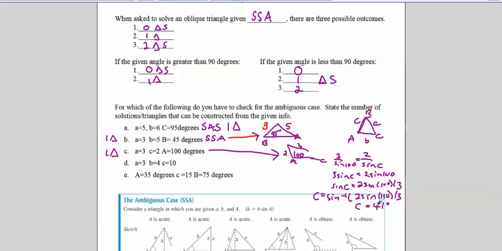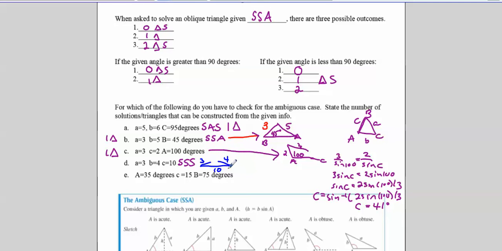Alright, in D we're given side, side, side. In geometry class you learned that side, side, side would form just one triangle. But this one happens to be a tricky one because if your side c is down here, this is the 10, and your a is over here, this is the 3, and your b is over here, this is the 4, you can see the 3 and the 4 are never going to meet if this side is 10.